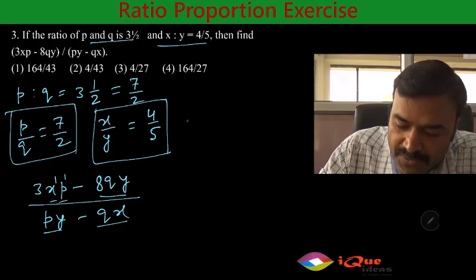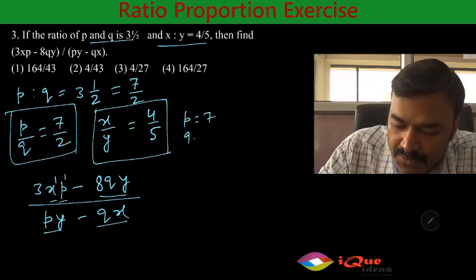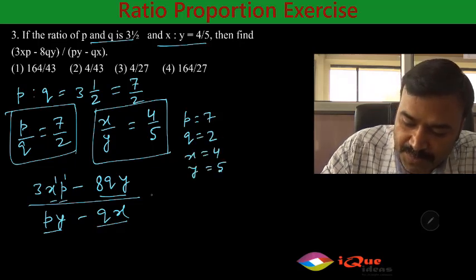Okay, so now just put the values directly. Put p equal to 7, q equal to 2, x equal to 4 and y equal to 5 in this expression.